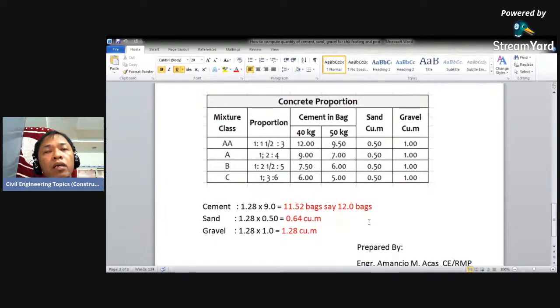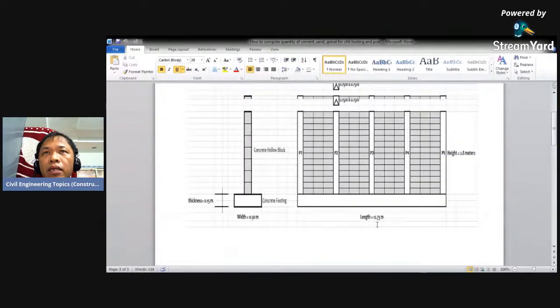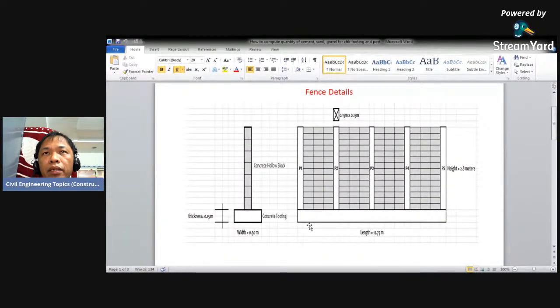So it means that this fence, 12.75 meters length of concrete coating with a width of 0.5 meter and a thickness of 0.15, and there are 5 concrete posts, which is the height is 2.8 meters with a size of 0.15 meter by 0.15.